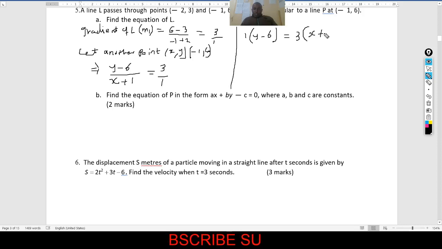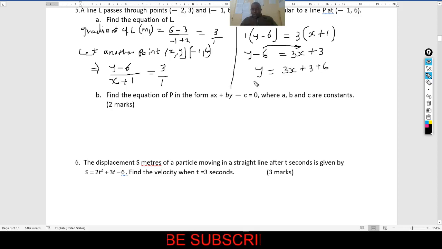If I open the bracket, y minus 6 gives you 3x plus 3. I remain with y on the left hand side: y equals 3x plus 3 plus 6 if I take this to the right hand side. So we shall have y equals 3x plus 9.